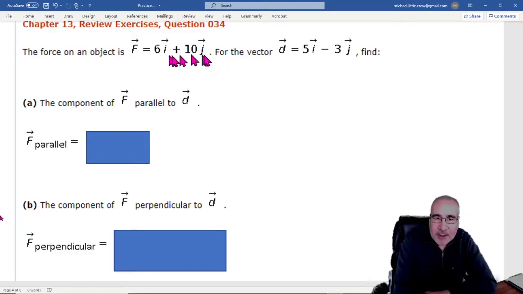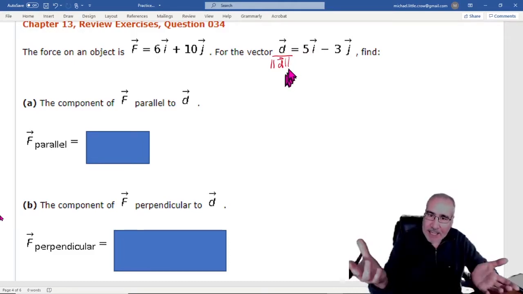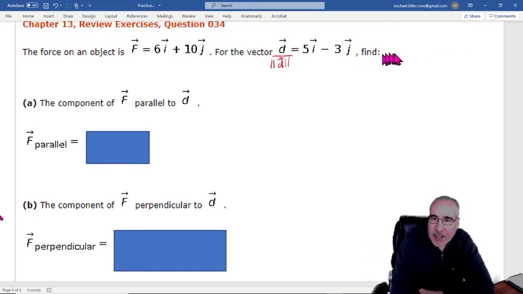So remember, to do these types of problems, we've got to get a unit vector. So we're going to divide by the magnitude of d, which is the length, right? And to get the magnitude, it's the Pythagorean theorem, thinking of this as an x direction and a y direction. We're going to take the square root of a squared plus b squared equals c squared.